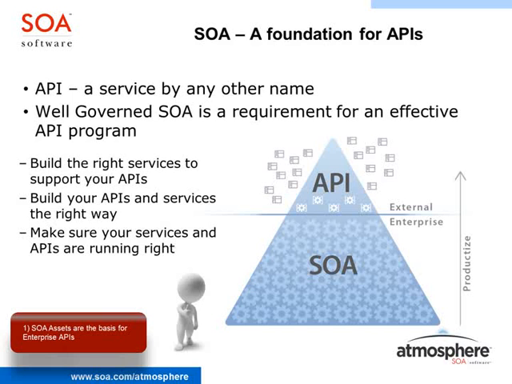The other thing is bubbling up a set of APIs that expose your business capabilities at the right level of granularity for an external audience as well. So three key things that we look at: build the right services to support your APIs, or in some cases, identify the right services to support your APIs; build your APIs and services the right way, which means the appropriate level of granularity and the appropriate manifestation of the business capability that you want to expose to the outside world; and make sure that your services and APIs are running correctly.